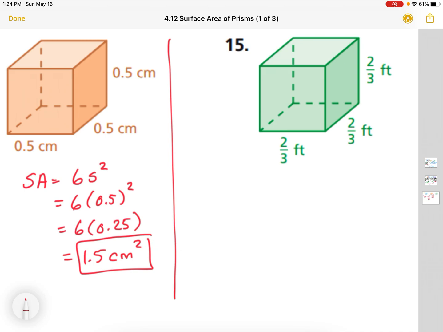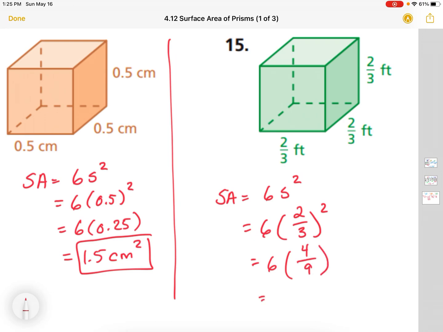Here, 2/3. Let's see. So surface area equals 6 times, I just want the formula here. Side squared. So it's 6 times 2/3 squared. So 6 times, 2 squared is 4, 3 squared is 9.